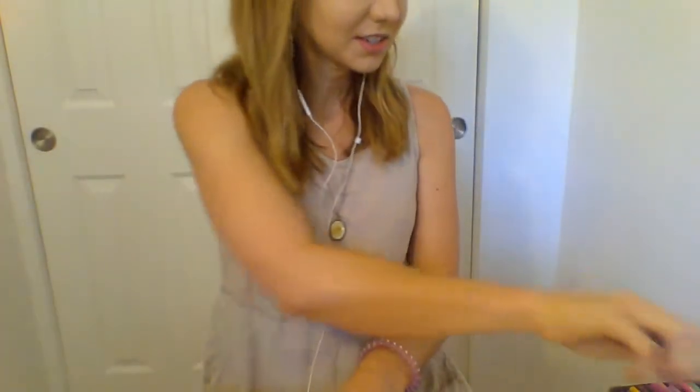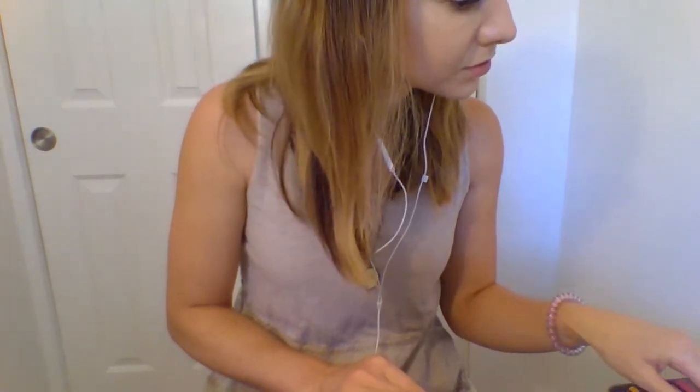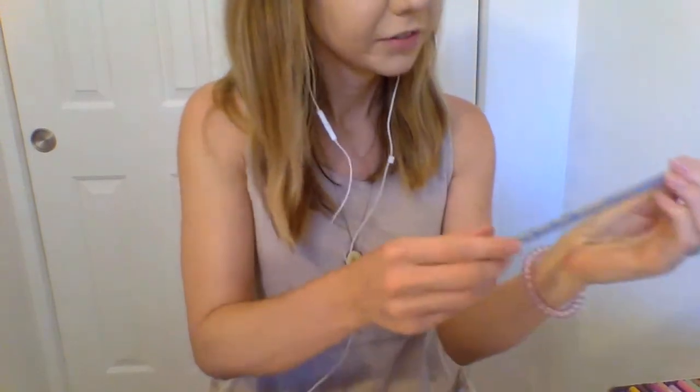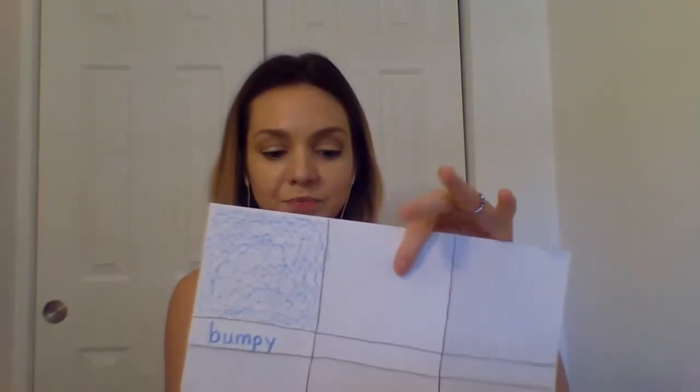Now I'm going to choose a different color for my next rectangle. I have so many pretty colors to choose from. I think I will choose, oh, this is one of my favorites, Blue Violet Lake. And with Blue Violet Lake, I need to find a different texture around my house so that I can repeat that experiment in the next rectangle.